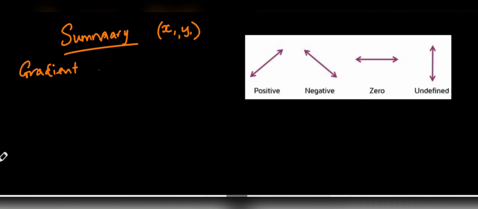X is your horizontal axis, y is your vertical axis. Now, what do we need to know about this is that your gradient is equal to what we call our rise over run. And always remember, if it's a rise, you're going vertically followed by horizontally, or it's a ratio of the vertical to the horizontal axis. Our vertical axis we call our y-axis. Horizontal, we call it the x-axis, hence this term.